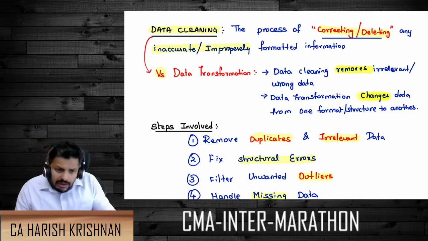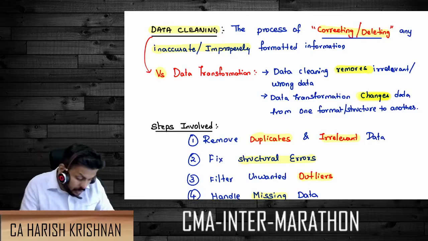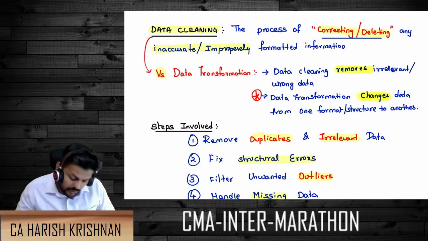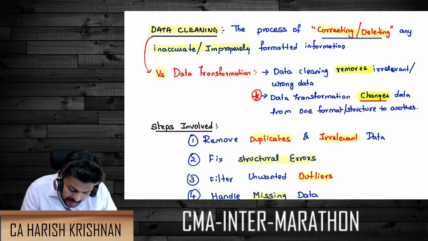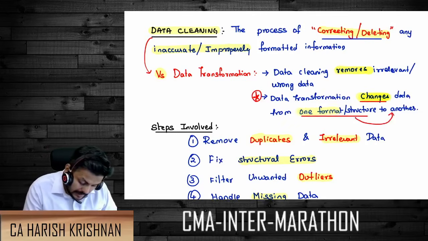Duplicates are removed, unnecessary redundant aspects are removed. But in data transformation, changes are made. Put a star to that point if you want to remember, because that alone can turn out to be a line or an MCQ there. Data transformation changes data from one format or structure to another.